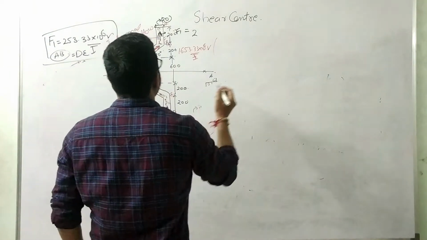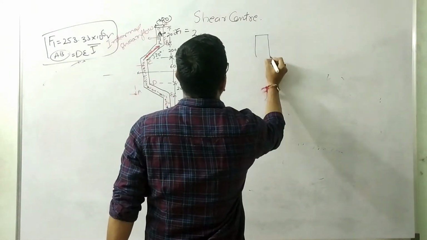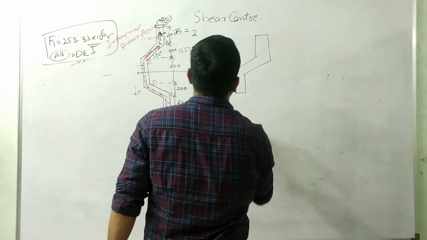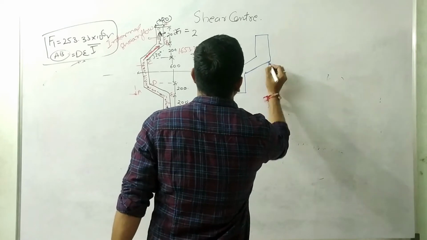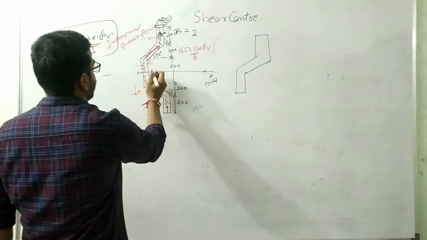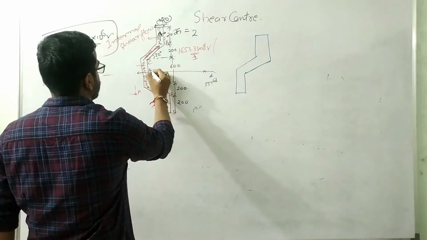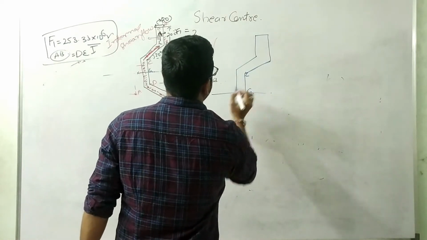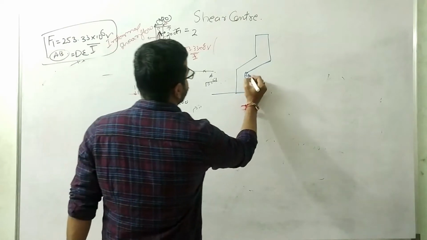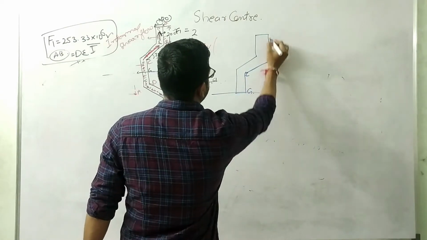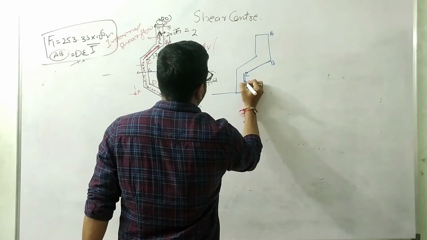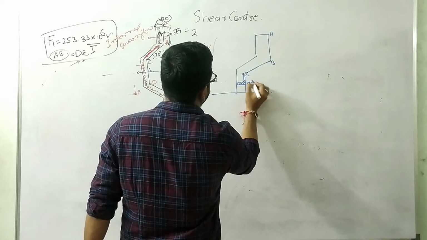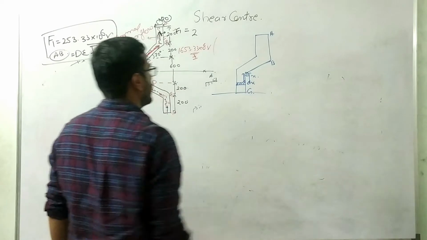Now we need to calculate what the shear flow will be for this. Let us suppose this is G, for this CG portion. What I am doing again here is, at a distance from this B, I am taking a dy element from here. This is again dx, and this is at a distance of x. Okay.